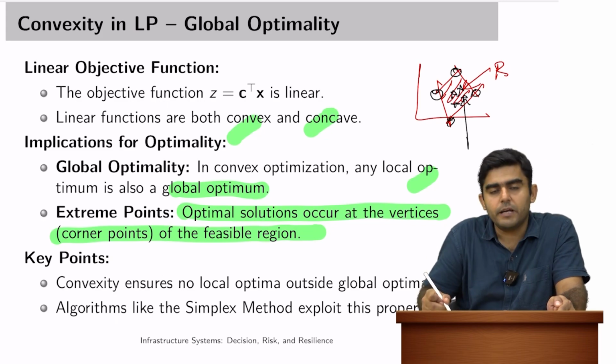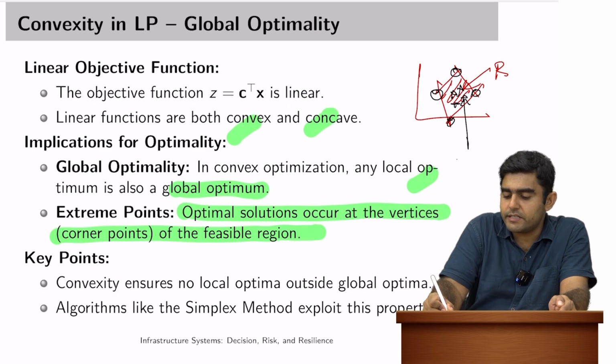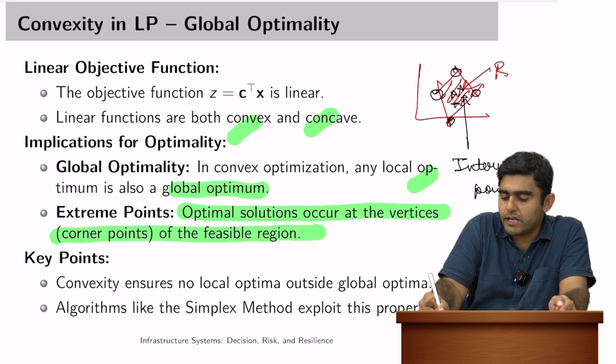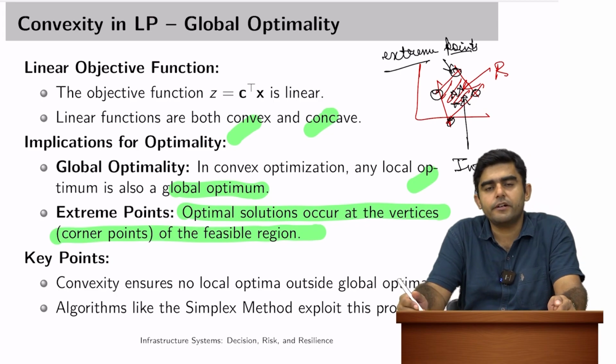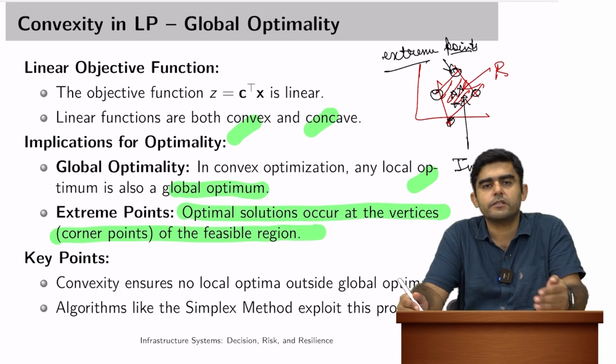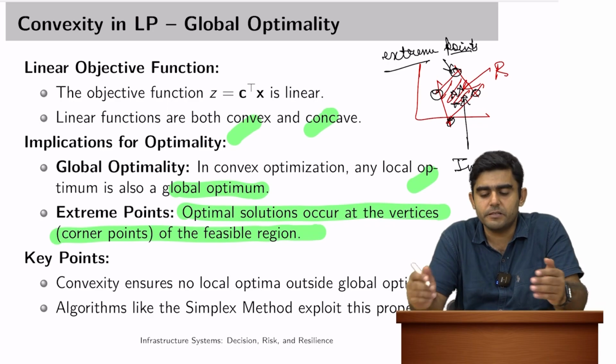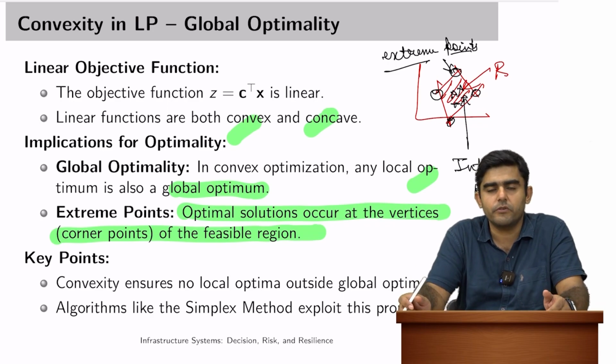If you recall, I mentioned these points inside the polygon as interior points, and now we introduce another word, which we call extreme points. Of course, I can visualize all these diagrams in 2 dimensions, but for higher dimensions it would be difficult for us, and after a certain number of dimensions impossible, to draw these shapes or geometries.